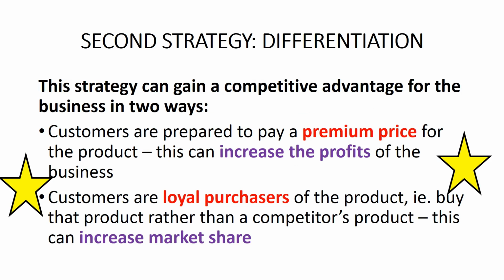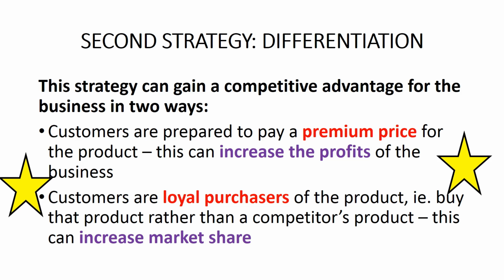There are two ways in which a differentiation strategy can result in a business gaining a competitive advantage. The first way is that customers may be prepared to pay a premium price for the product. That is, they are prepared to pay a higher price for that product than for a similar product produced by a competitor. Again, taking the example of Nike shoes, there are a number of sporting shoe manufacturers. So, for example, you have ASICS.